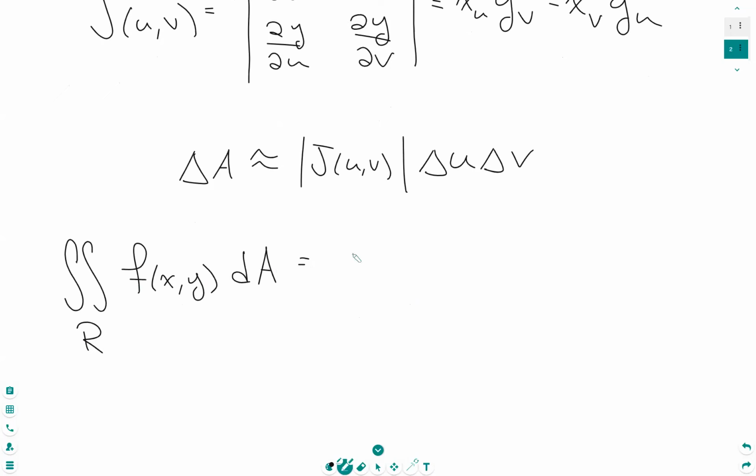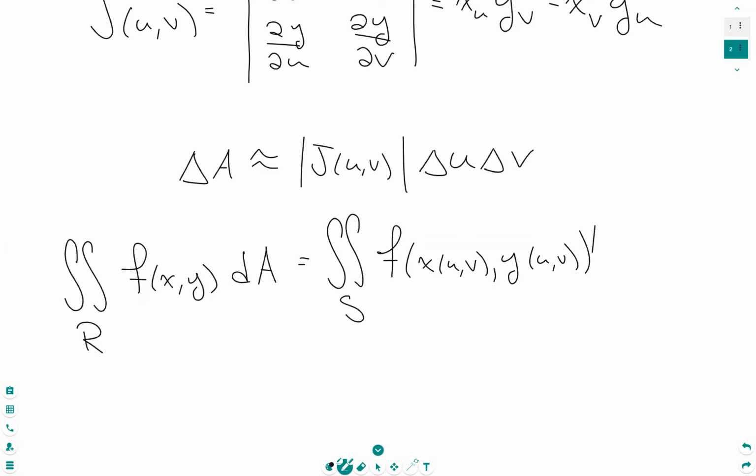I might be able to translate this into UV space and write it as a double integral on some new region S, f of x as a function of u and v, y as a function of u and v, times the absolute value of my Jacobian, du dv in no specific order. It's just now in UV space.